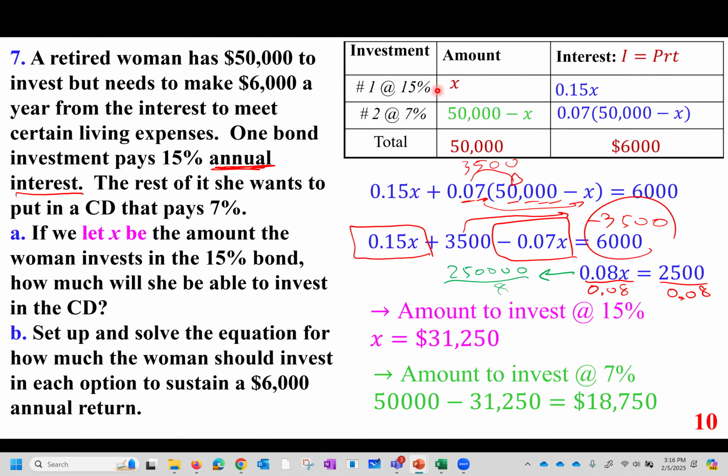If X amount goes for the 15%, the rest of the 50,000, which is 50,000 minus X at 7%, I equals PRT, and T is 1 because it's an annual interest. So 0.15 times X times 1, this one, 0.07 times 50,000 minus X times 1, they should add up to 6,000, and the rest is history.